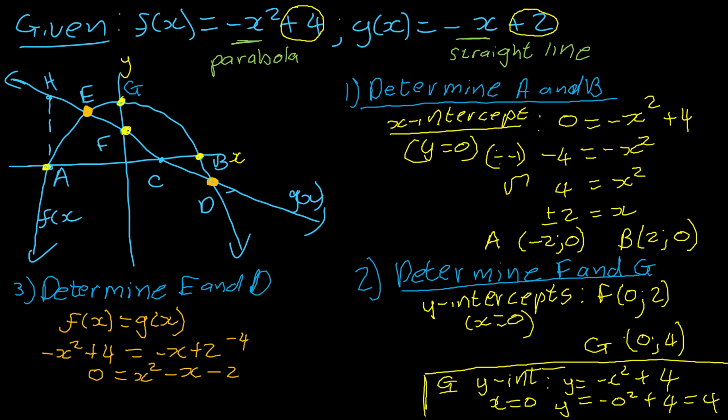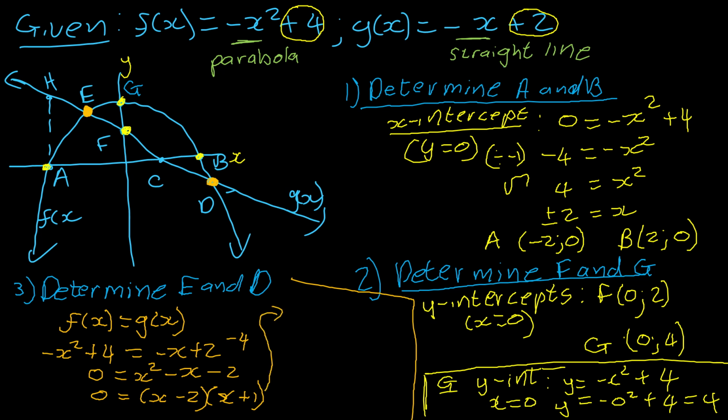From there you realize this is a trinomial, so I factorize it. So this becomes x minus 2, times x plus 1, equals 0. And from there you can then calculate your x values.